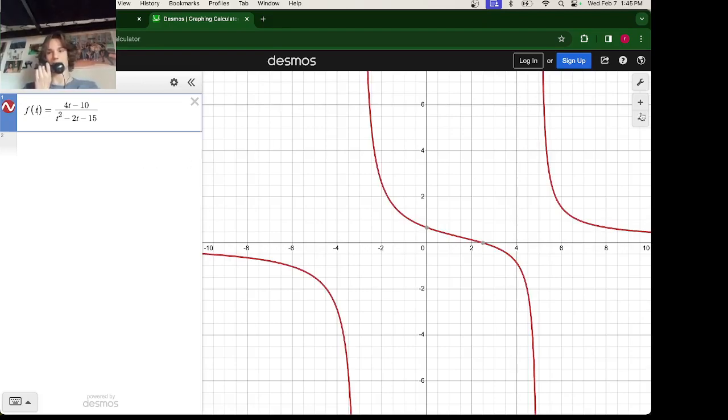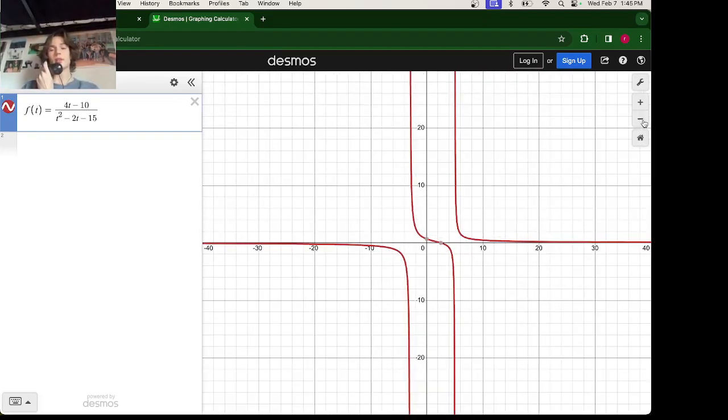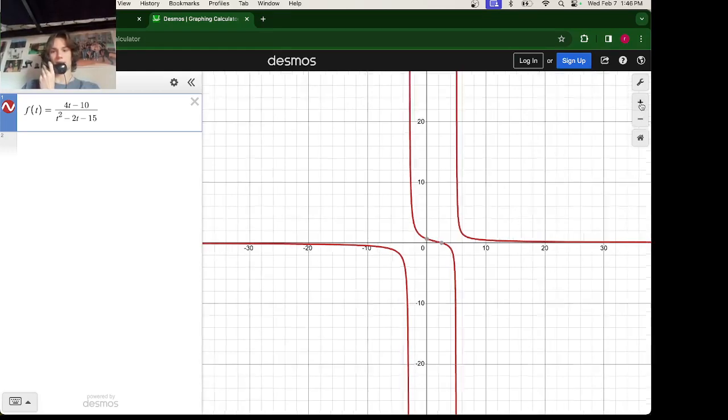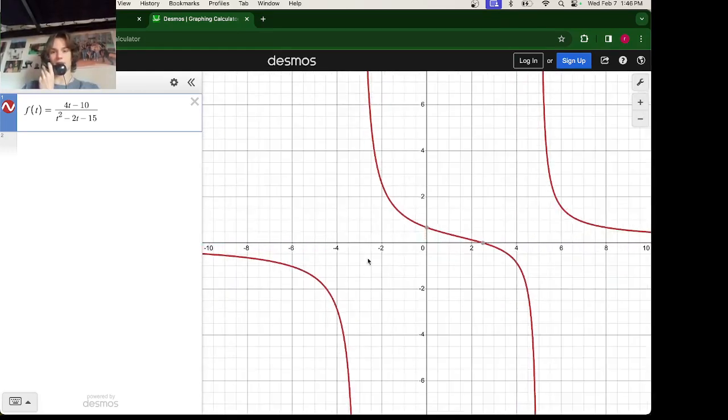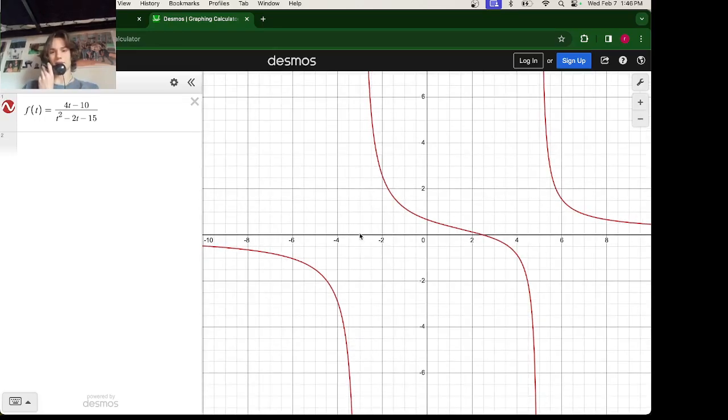There we go, okay. So it's a little funky. It's a little strange. And you can see that this is an infinite discontinuity at negative 3 and 5. And it's like, whoa, that's crazy.